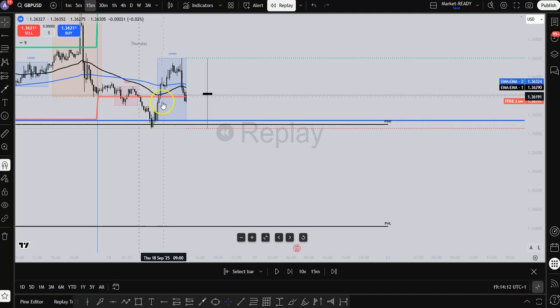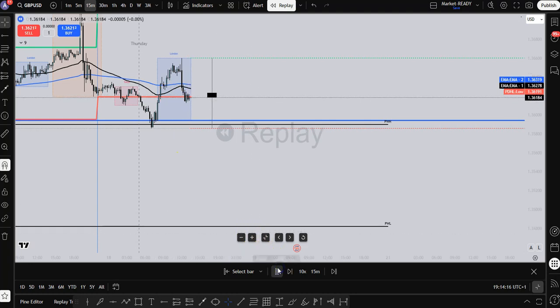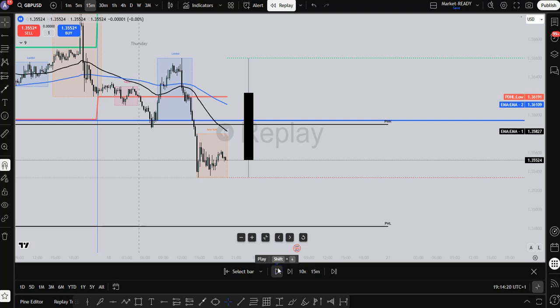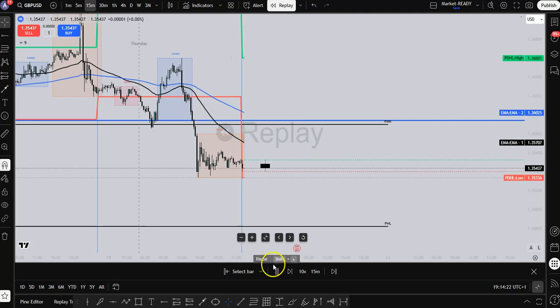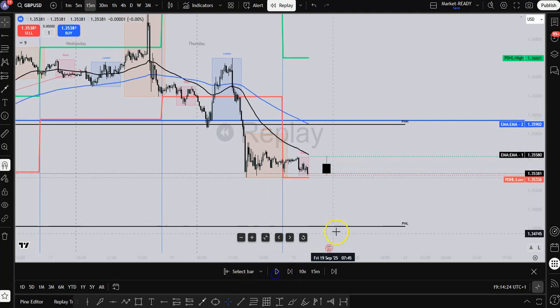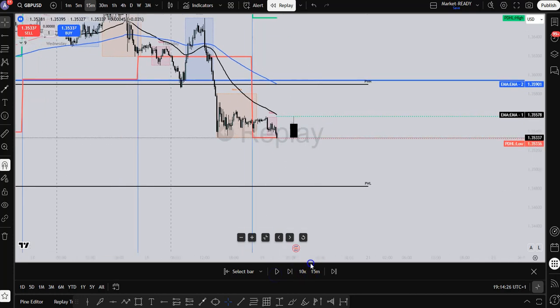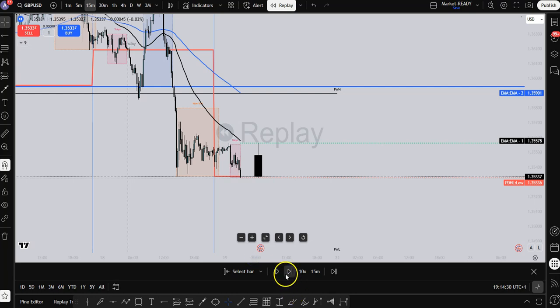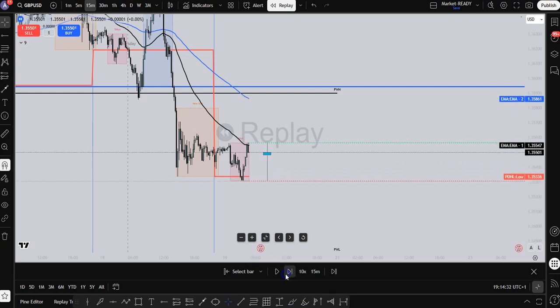It retraces back to both of them and continues down. But this is the first day of the trend. The second day, the trend has become much stronger, as you can see. So the price retraced only to the 50 moving average, then continued down.